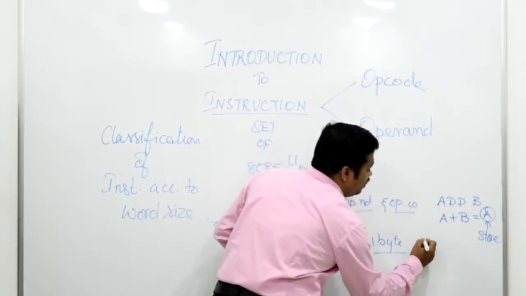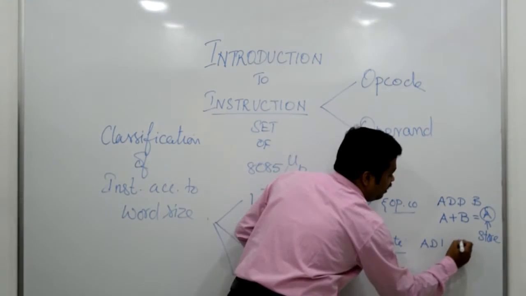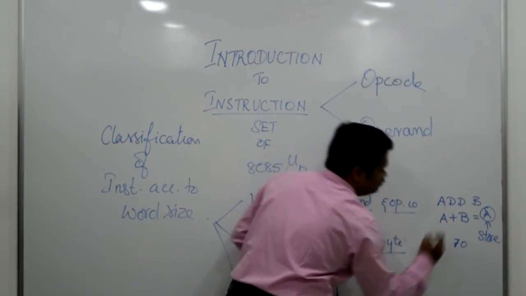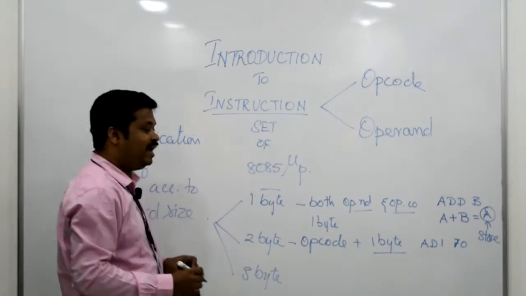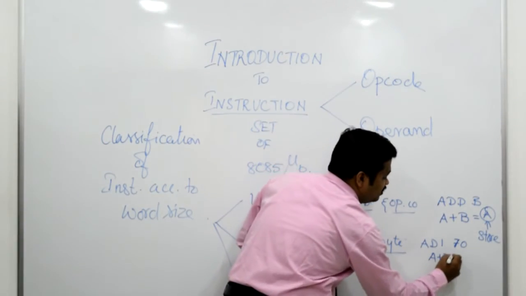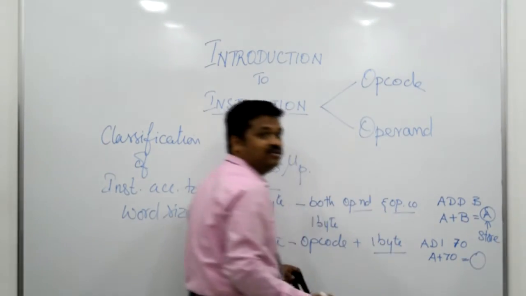For example, I will take the same instruction like this: add with the data 70, ADI 70. ADI means you are going to add immediately the data 70 to the A register, and whatever result you have would be stored in the A register.